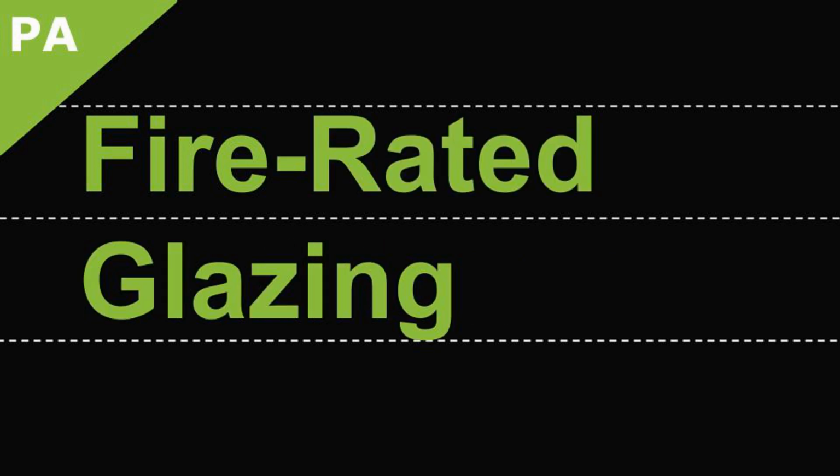Fire-rated glazing. Fire-rated glazing refers to glazing that is assigned either a fire protection rating or a fire resistance rating. These requirements are located in Chapter 7, Fire and Smoke Protection Features.